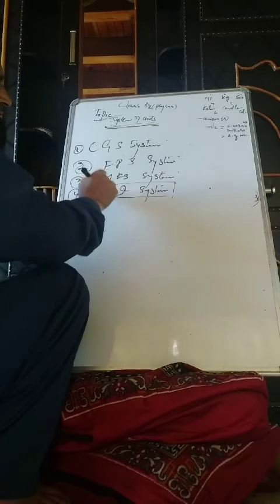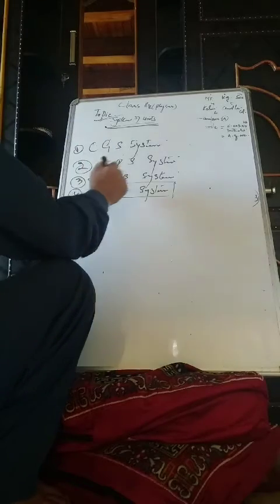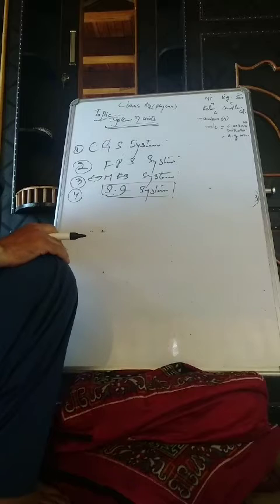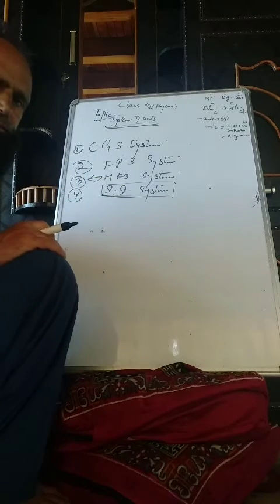We know that the SI system is the standard form of the MKS system, or we can say the SI system is the rationalized form of the MKS system. We are using this SI system all over the world.